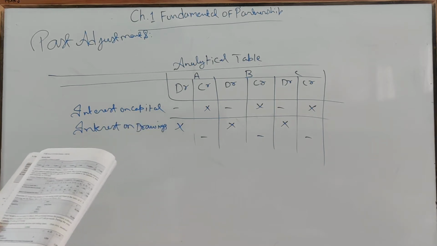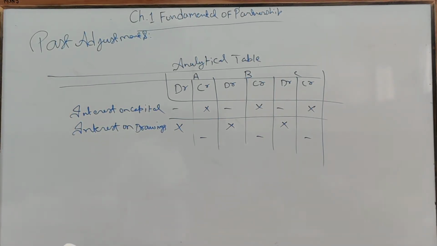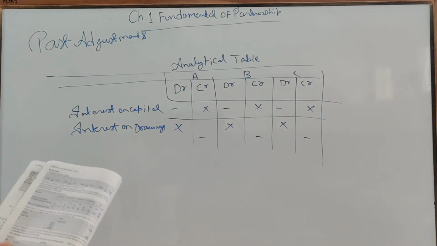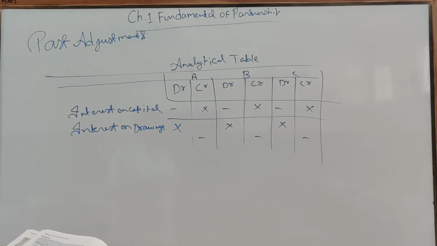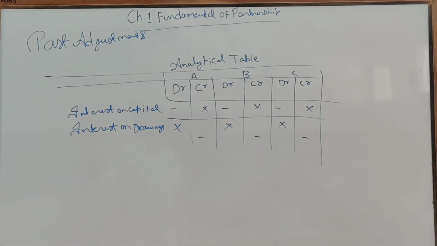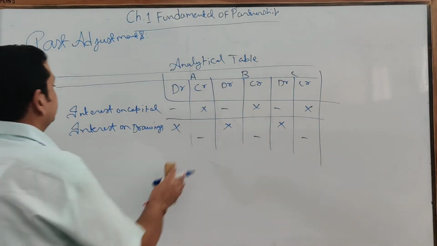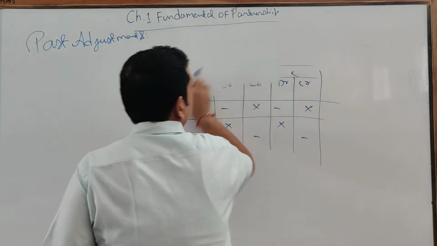Okay, very good. Now in this question, even your previous topic will be covered, that is interest on partner's capital. So see here, the closing capital is given. In order to find out interest on capital, first we have to find out the opening capital. Clear? So first we draw the format to find the opening capital. It's a very good question.